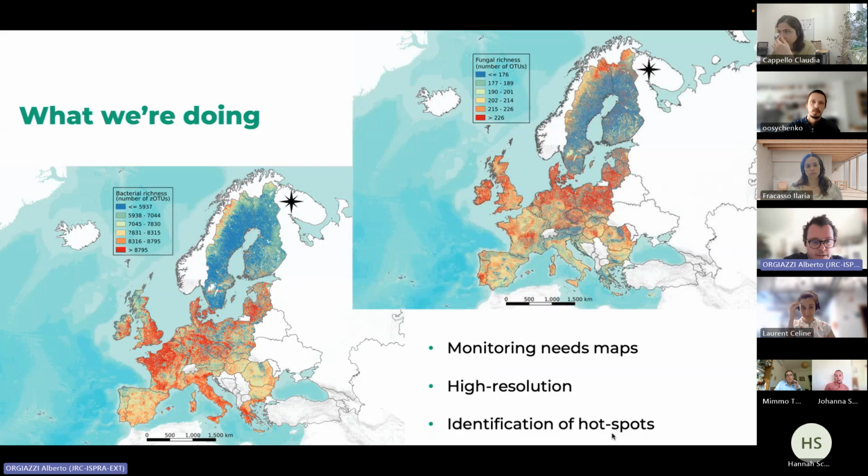So thanks to LUCAS, we will be able, hopefully, to fill in this gap and then identify hotspots, regions rich in biodiversity that can then be subjected to specific action for protection.